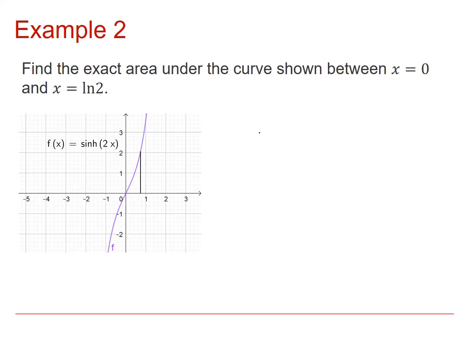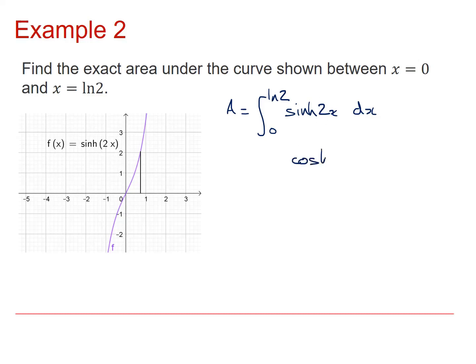What about integration? We're asked here to find the exact area under the curve between 0 and log 2. Well, that area is just going to be the integral between 0 and log 2 of sinh 2x dx. If I integrate sinh, I know I just get cosh, but I've got a 2x in here, so I just need to be a bit careful.